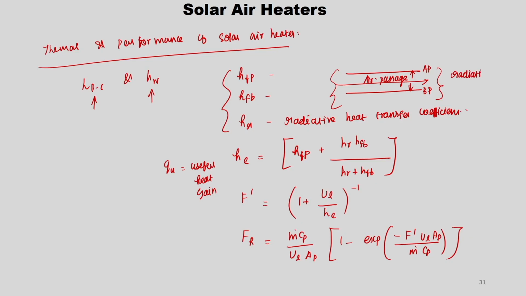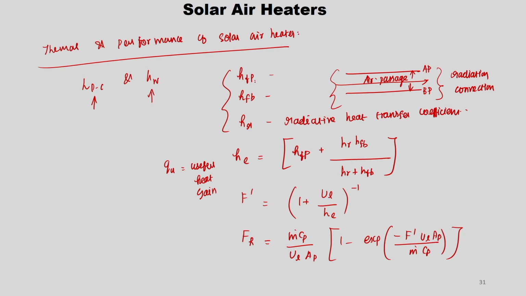There you needed to handle two fluids, one between plate and cover, that is air, and in the absorber tubes, water is flowing. But here you are handling only the air side heat transfer coefficient, because the fluid itself is air.